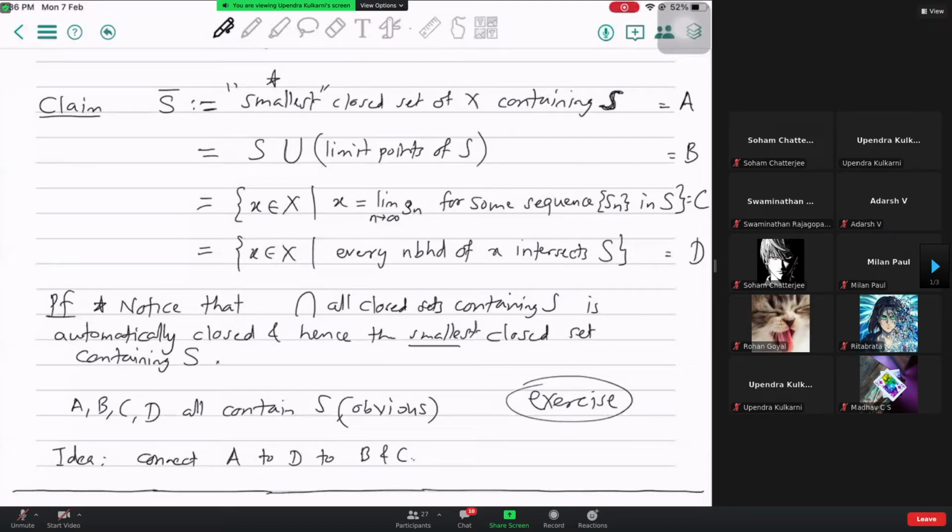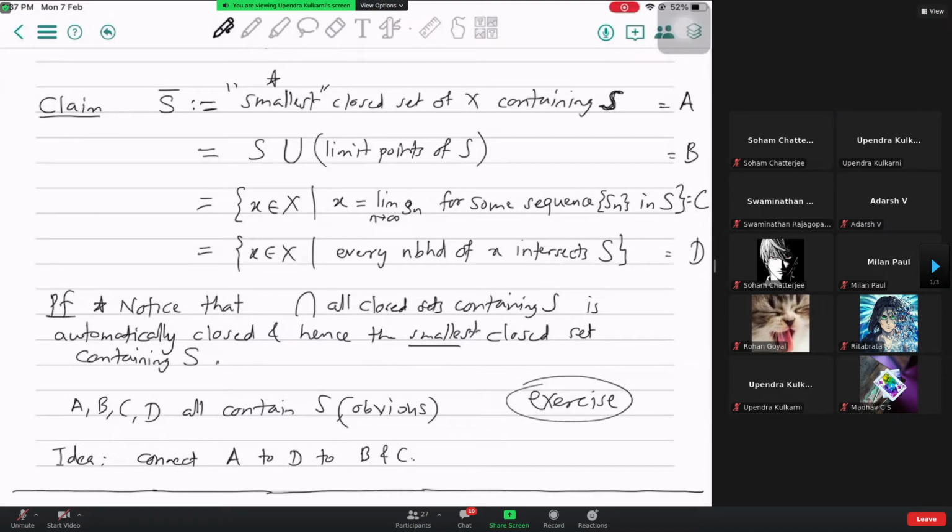Then you can go the other way. Take an X in A complement. So it is in some open set which does not intersect with S. Why?